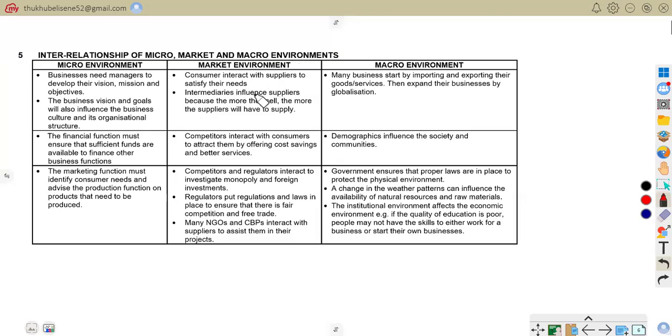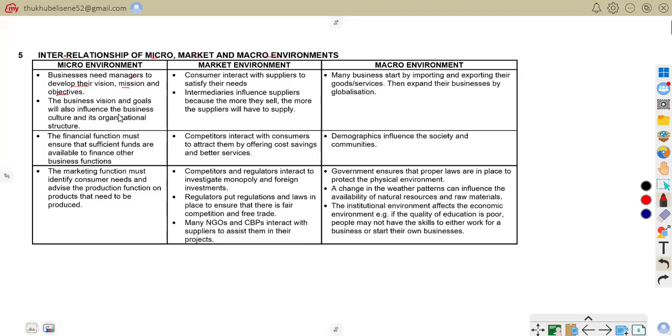Now we come to the interrelationships of the micro, market and macro environments. It says business needs managers to develop their vision, mission, and objectives.